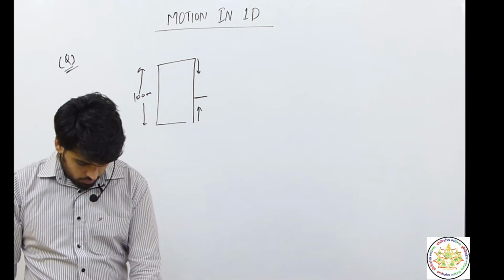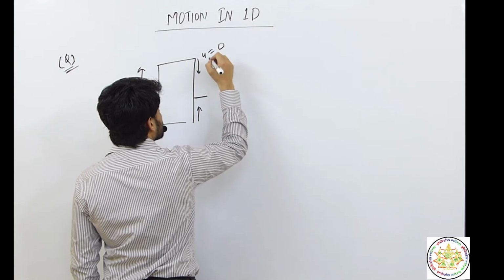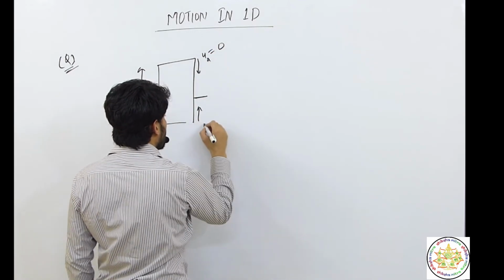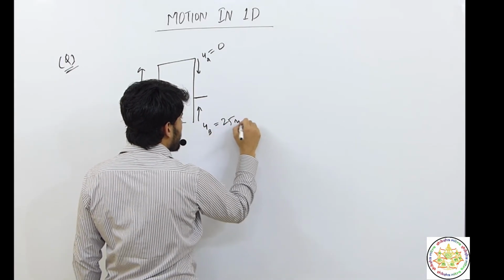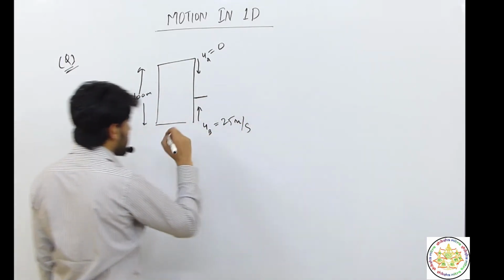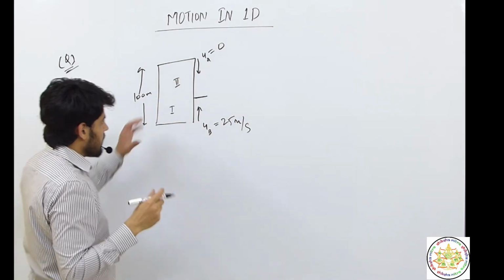One ball is dropped, so this means the initial velocity for this ball, ua, is 0, and one ball is thrown upward, ub is given as 25 meter per second. Again we will consider a first case and a second case.